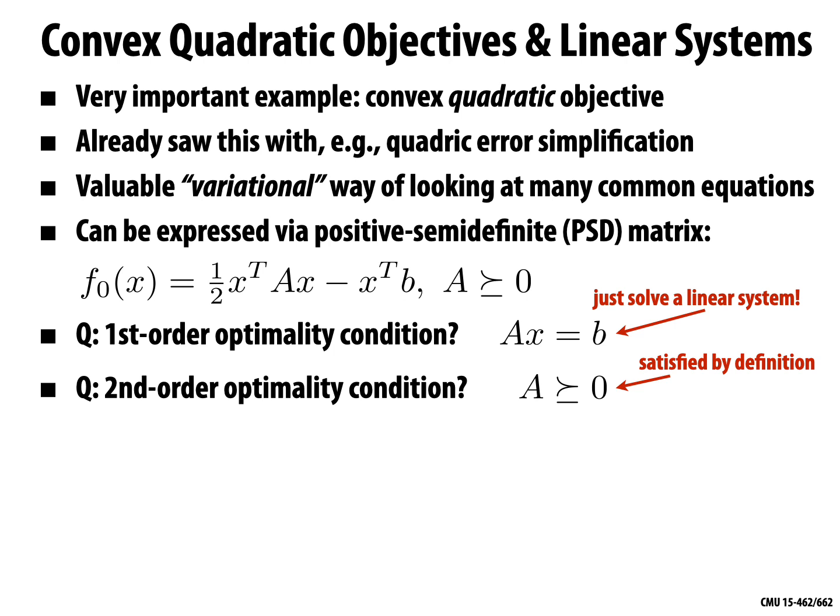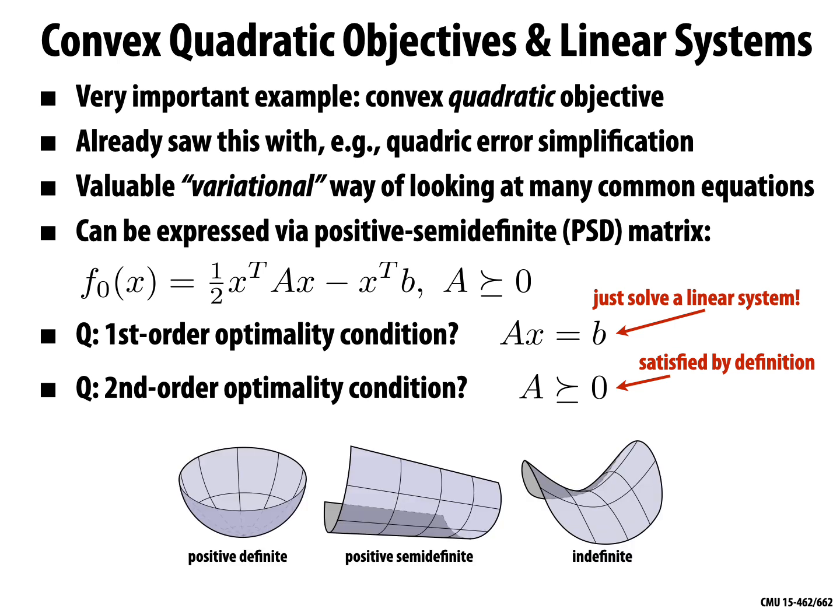Okay, and I keep talking about this picture. It's good to have a mental picture of what's going on here. Why does this work out? If my matrix A is positive semi-definite, then the graph looks like this cylinder in the middle. It's going up in some directions, maybe straight in some other directions.